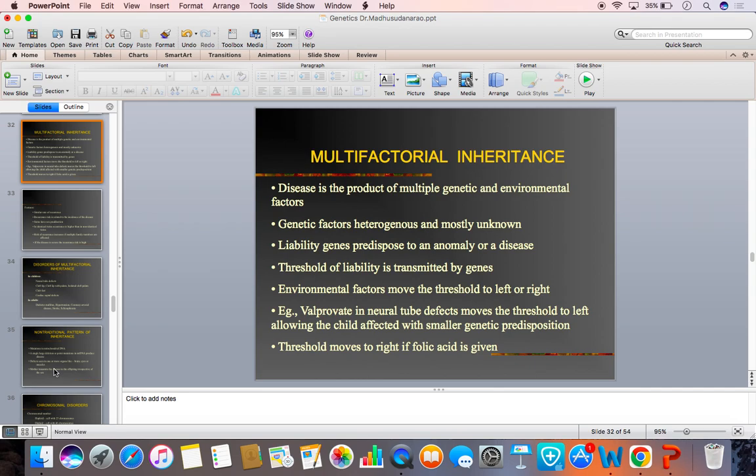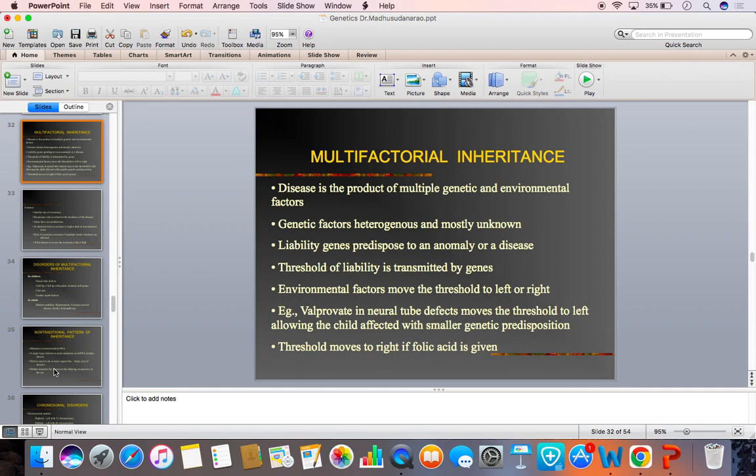What is multifactorial inheritance? In this pattern of inheritance, the disease is the product of multiple genetic and environmental factors. That's why it's called multifactorial inheritance. Genetic factors are heterogeneous and mostly unknown.